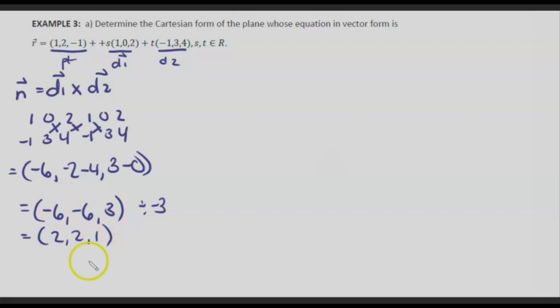So now we have our normal, which is our ABC. So let's put that into the Cartesian equation. So 2x plus 2y plus 1z plus d equals 0. Okay, and then we can take this point and we can plug it into the x, y, and z.